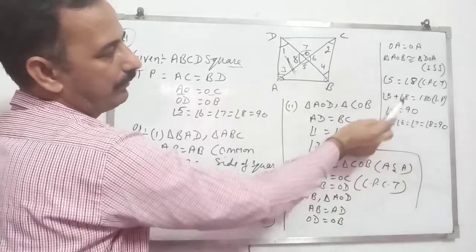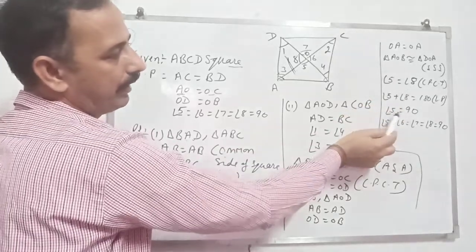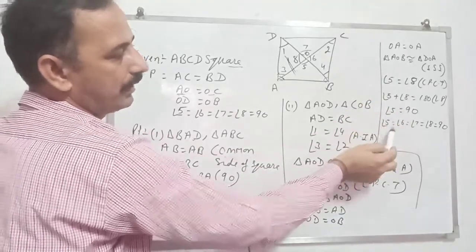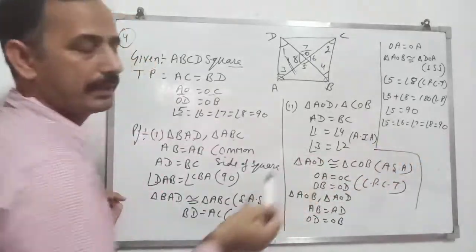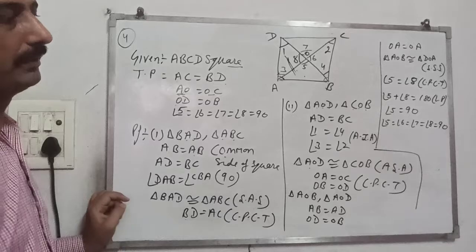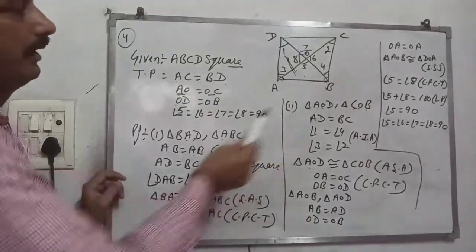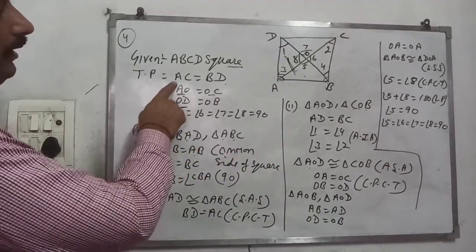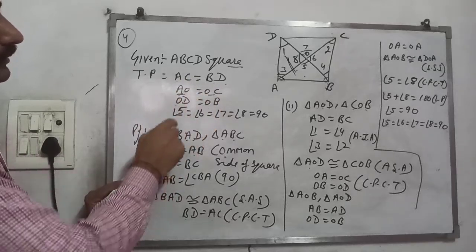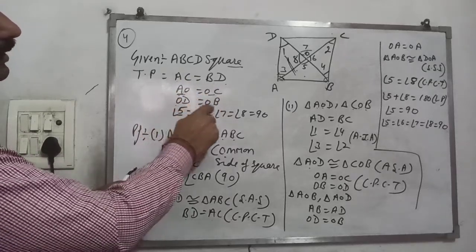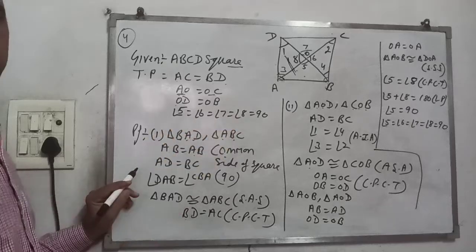So angle 5 equals 90 degrees. So each of angles 5, 6, 7, 8 is equal to 90 degrees. So in this way we have proved BD equal to AC, OA equal to OC, OD equal to OB, and the angles are 90 degrees.